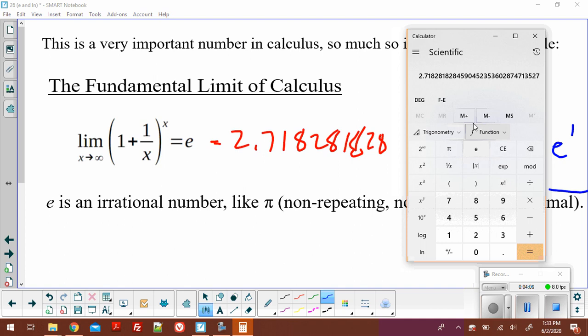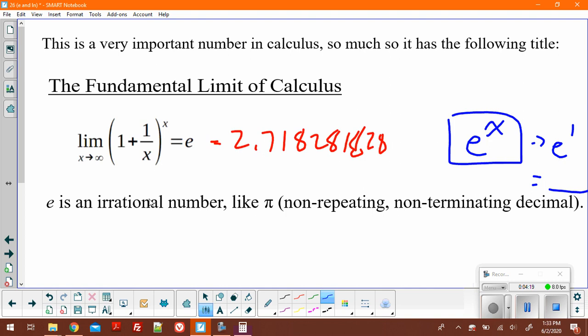You might be tempted to think at first it repeats, because it goes 7, 1828, 1828. Ooh, we got a nice pattern there. But after that, no, it does not have a pattern. So e is an irrational number, just like pi. It's non-repeating and non-terminating. It's an important number, but it's irrational like pi is.